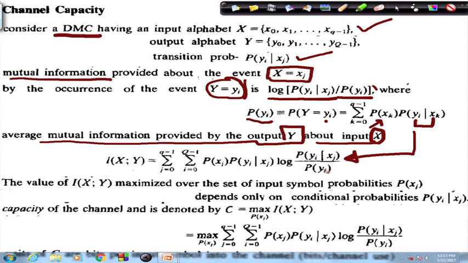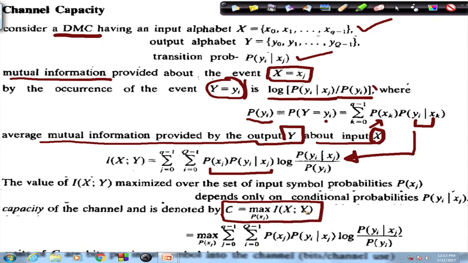So, this is the mutual information expression that is averaged over the joint distribution of x and y, over all possible x and y. This is the averaged mutual information, and the capacity expression is defined as the maximum value of the average mutual information over all possible source probabilities.